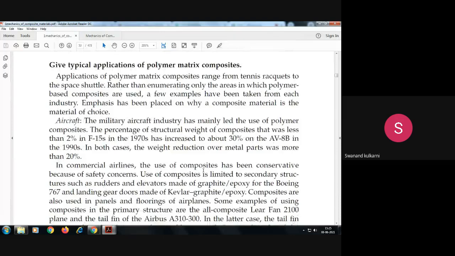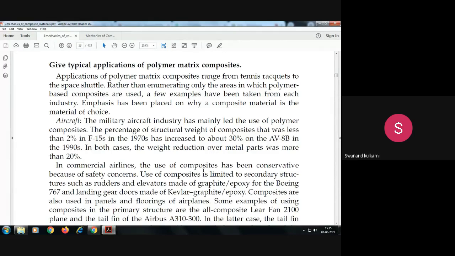As far as concern with these different types of composite materials, for example, we have seen polymer matrix composites, metal matrix composites, ceramic matrix composites. So each and every type of composite material has its different application area, and that particular composites are used in those applications. Now, if we take the example of polymer matrix composites, these applications initially we can find in the sporting industries.